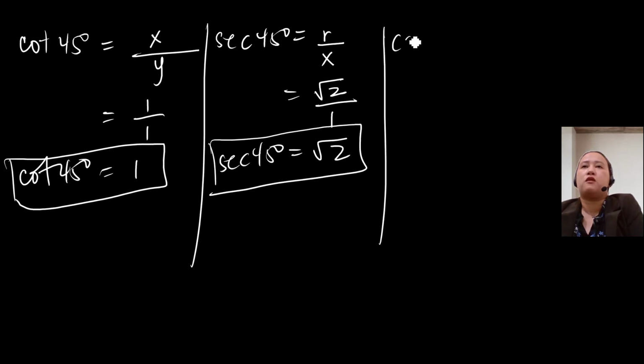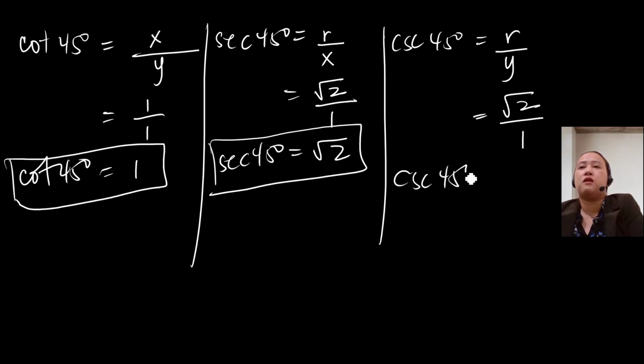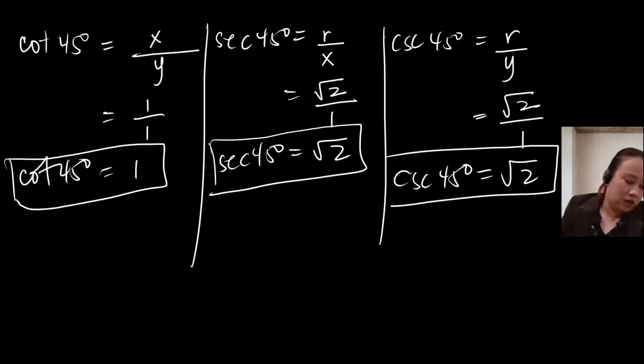And then for the cosecant 45 degrees, that is r over y. R is square root of 2, then y is 1. Then cosecant of 45 degrees is square root of 2. These are the answers. Okay, so let us go back to the PowerPoint.